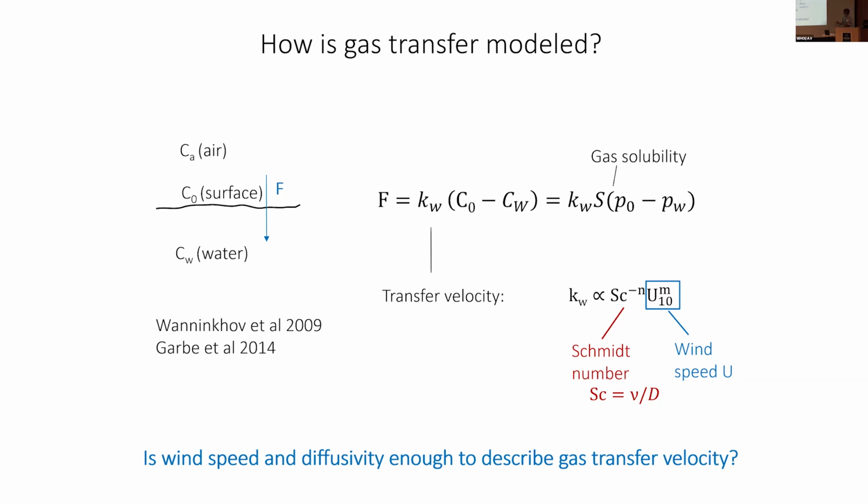And then, if you're talking about a single gas, the whole magic is going to be in this formula, the Wanninkhof-type formula, that's going to tell you that your gas transfer velocity scales with the diffusivity, so that's your Schmidt number with the minus 1/2 exponent, and then the wind speed to some exponent, usually 2. And so the first question that I posed when I started working on this was, okay, is this parametrization as a function of just wind speed and only the gas diffusivity going to be good enough to describe the gas exchange?